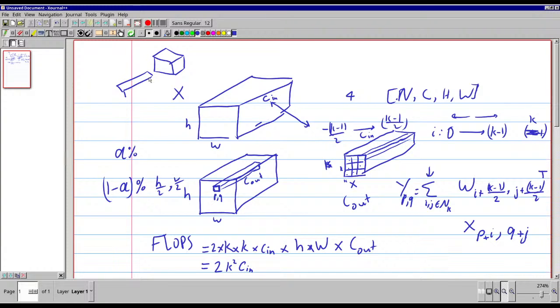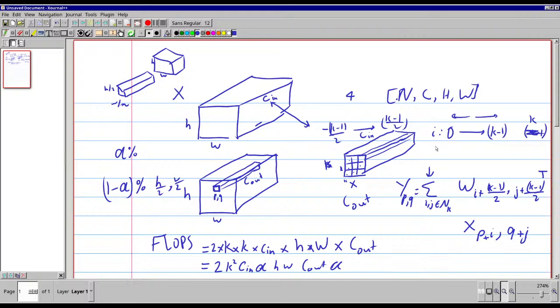Some part of it is the real H and W, and the other would be H over 2, W over 2. So your input would be discounted: C in alpha, H, W, and the C out would also be C out alpha. Okay, so this is one part.